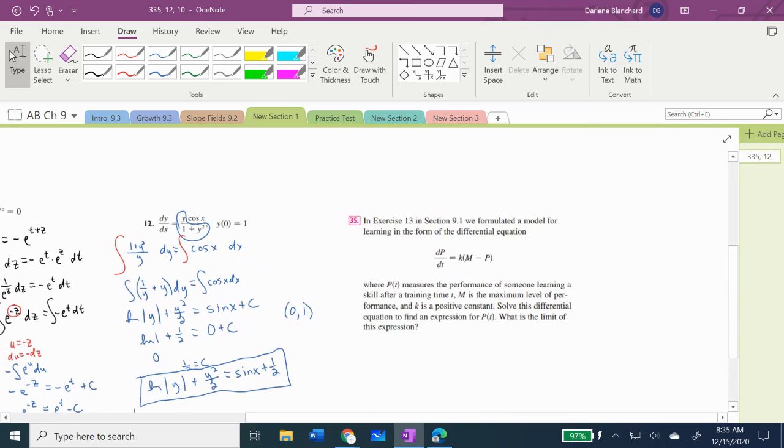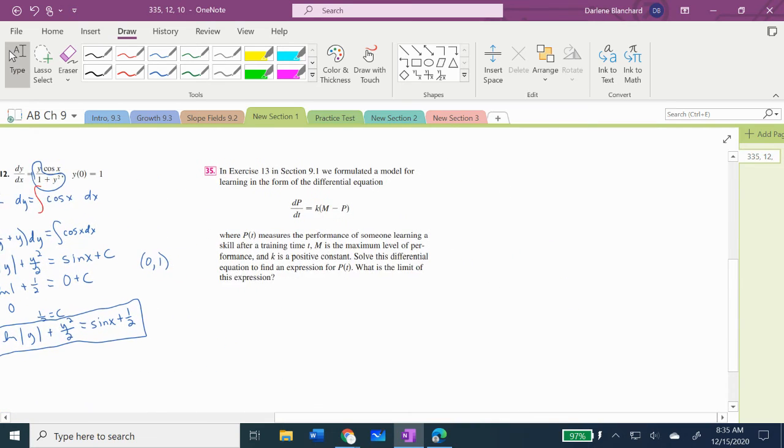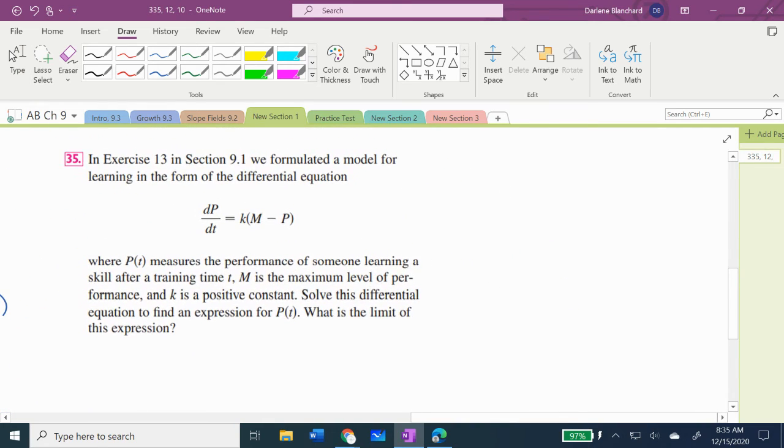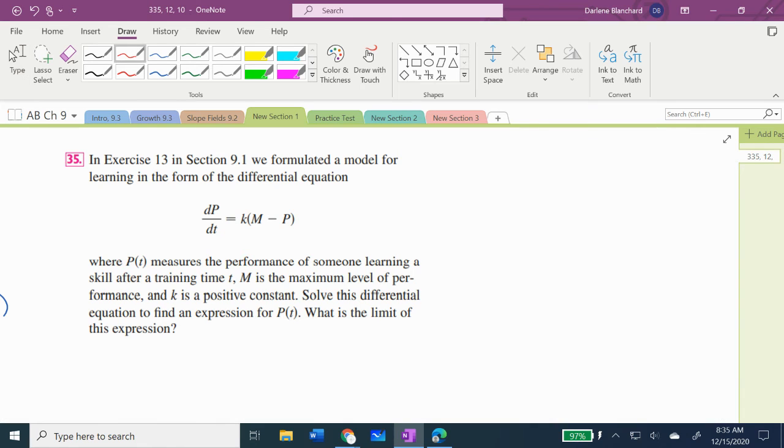And then one more problem. Number 35. For number 35, we want to realize that k is an unknown constant, m is a specific constant that we are not aware of, and our only variables are p and t.